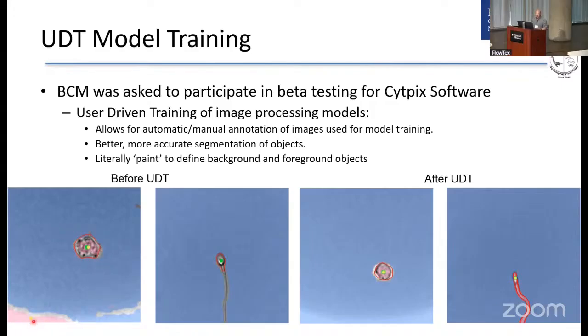But even then, if there's something weird with the background, it'll start annotating those as an object. And then when you have something like a sperm that's irregularly shaped, it doesn't do well at all. In fact, it misses the whole tail. So after refining those UDT models, you can see on the right, the annotation is much more accurate to the objects being acquired.